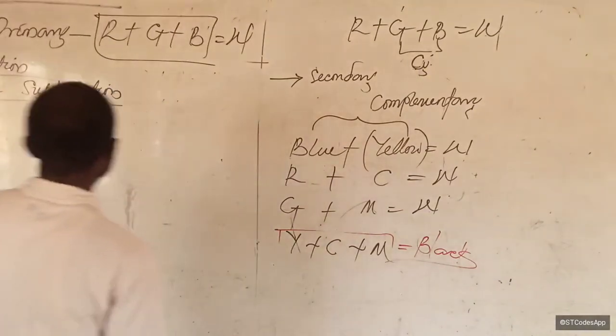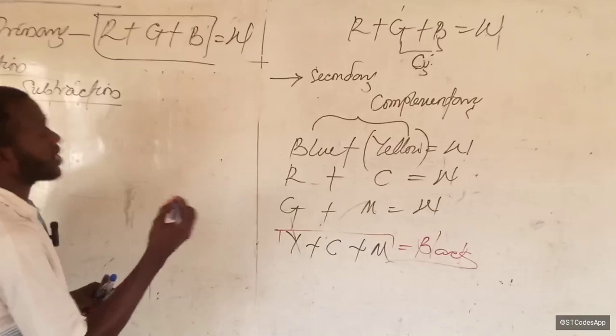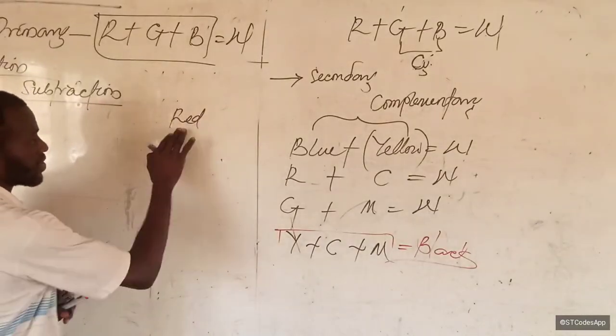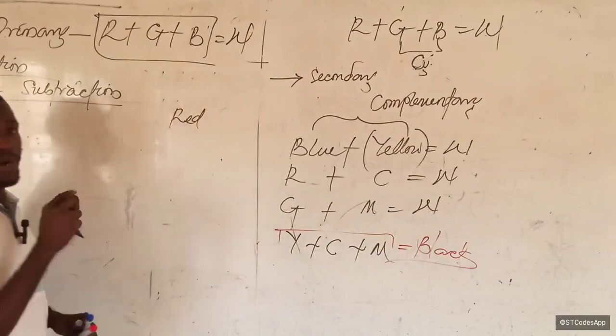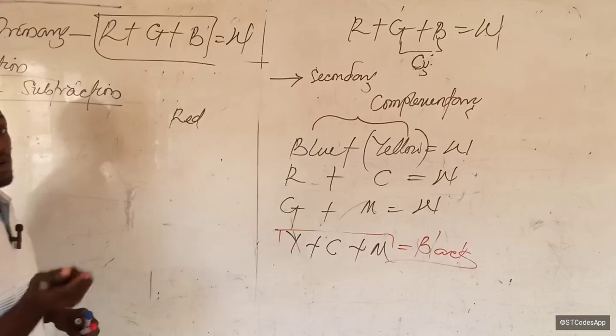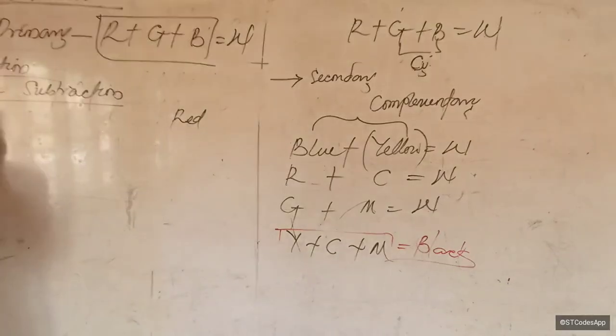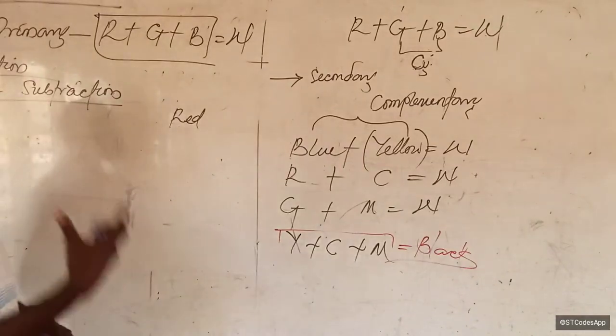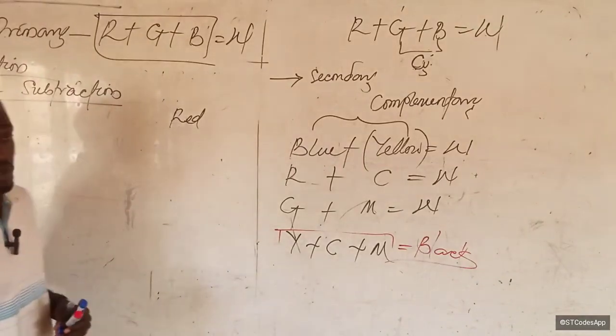What if a shirt is capable of absorbing the red wavelength, the red frequency of light? If white light is incident on it, what color would it show? It contains atoms that are capable of absorbing red.